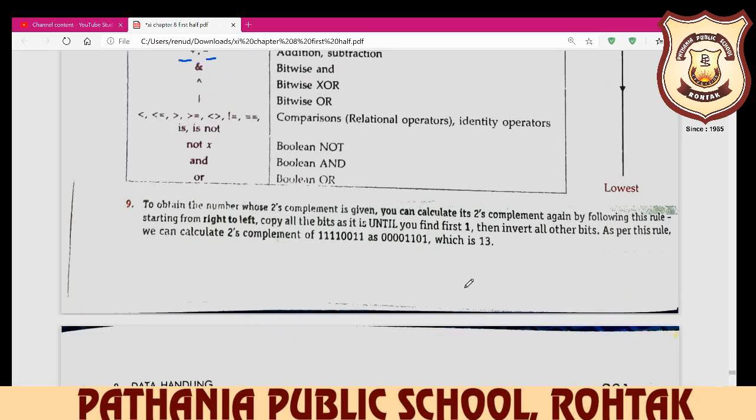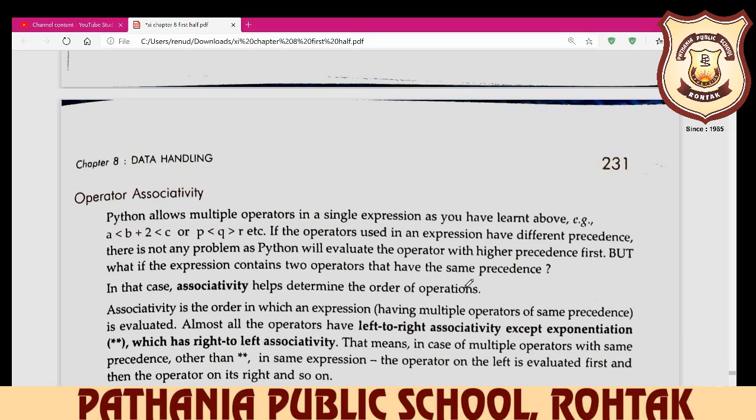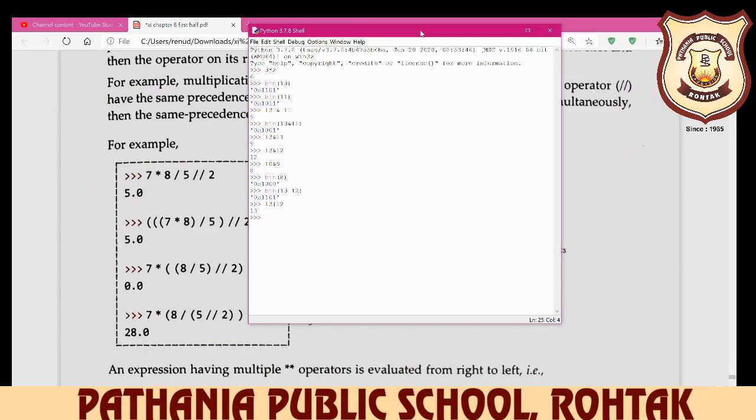Okay. So operator associativity, for example, let's do the example here. For example, we take the same example: 7 multiply 8. So what is the answer? 7 times 8 is 56.